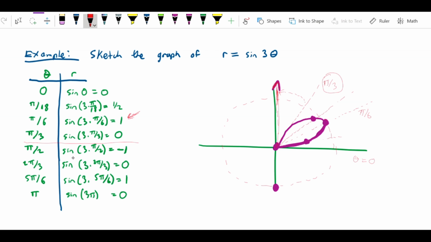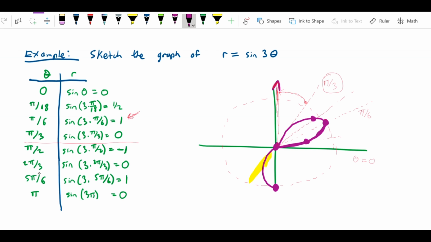Make sure you've set your calculator to radians, or it's not going to make any sense. You'll see that you're getting negative values as you travel from this angle up to here, and those negative values mean that we're going to be in this territory down here.